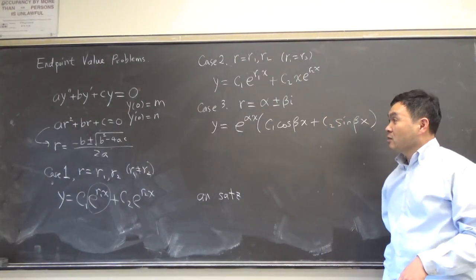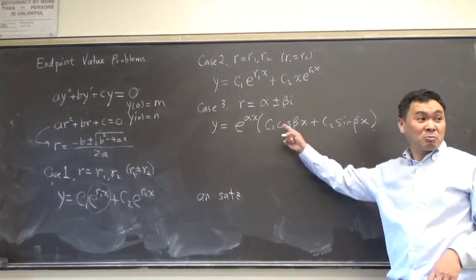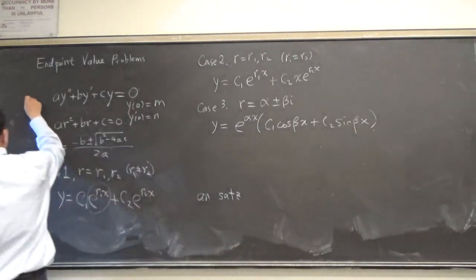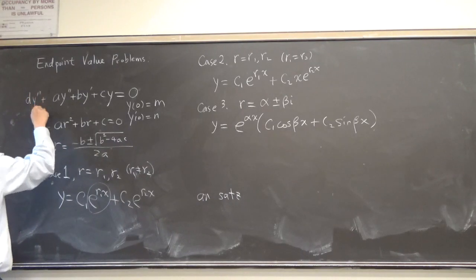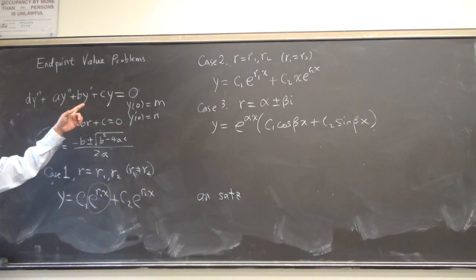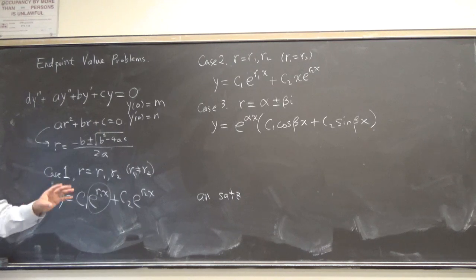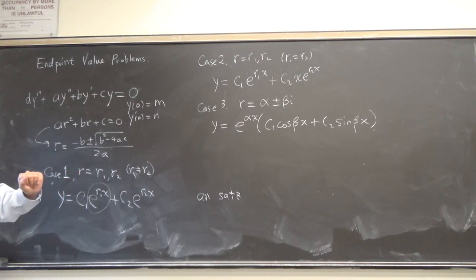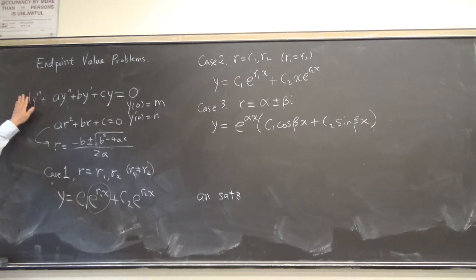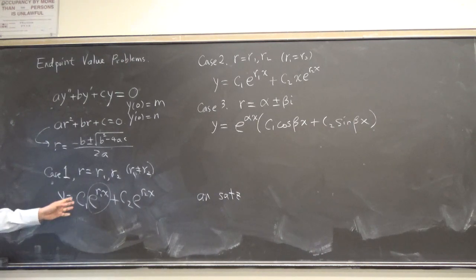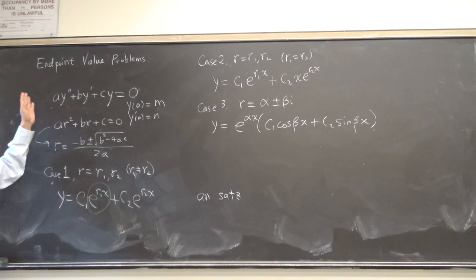Which also says if you had something like y triple prime, then you would probably have three functions, right? With c1, c2, c3. So you have to have the same number of free parameters as the order of the differential equation. That's what happens, okay?